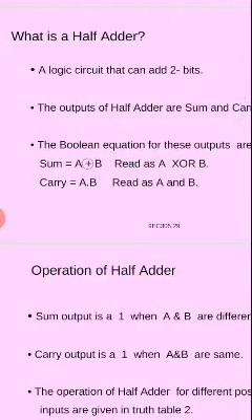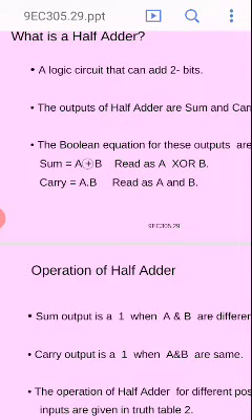sum equal to A exclusive OR B, read as A XOR B, carry equal to A dot B, read as A and B, where dot means the AND operation.